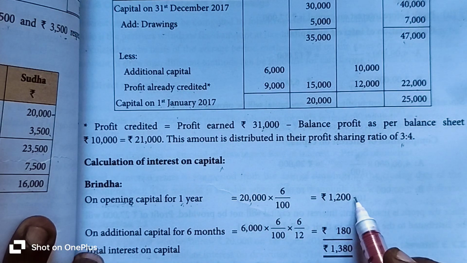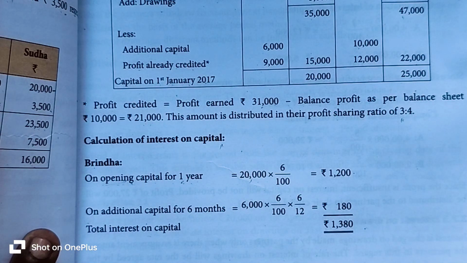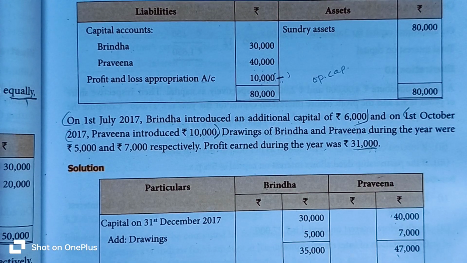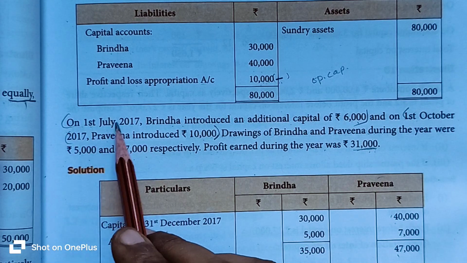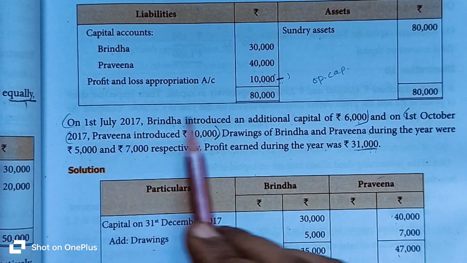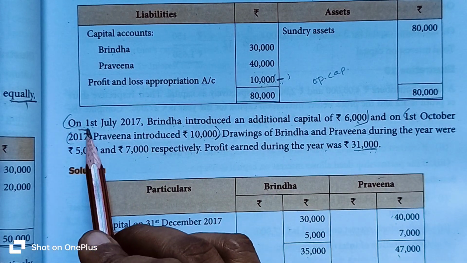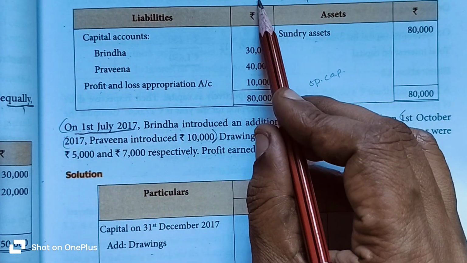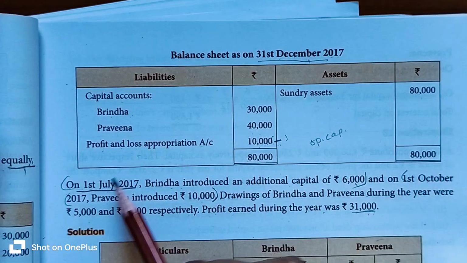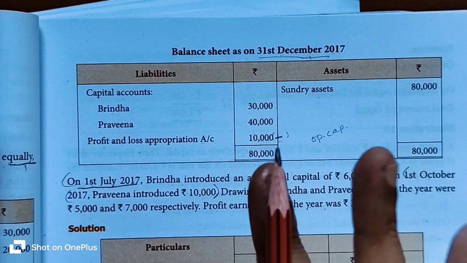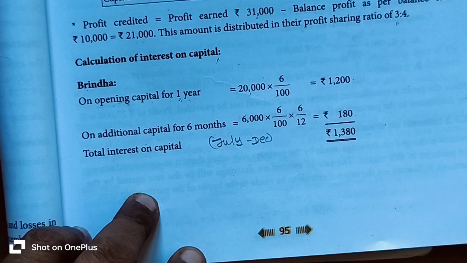Okay, 1,200 rupees. And on additional capital for Brinda, listen, Brinda introduced additional capital on 1st July 2017. How much? 6,000 rupees. So you have to calculate from 1st July to 31st December, the end of the year. July, August, September, October, November, December, totally 6 months.